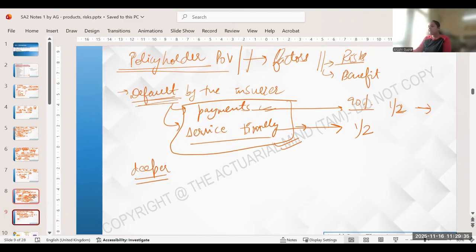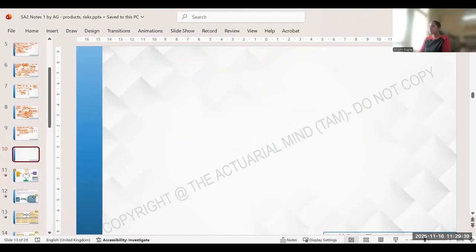Okay. Now, a little bit about the exam question and the writing style and how to approach a question. The difference is that SA2 is a lot deeper a subject in the sense that it is more applied. Now, if you get a simple question, what are the risks involved in a product?